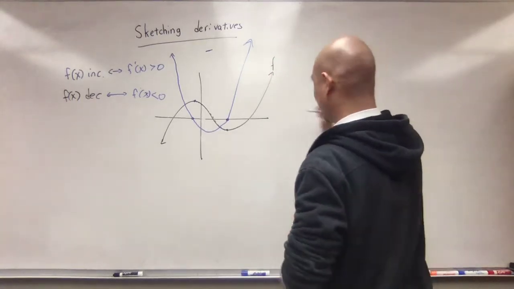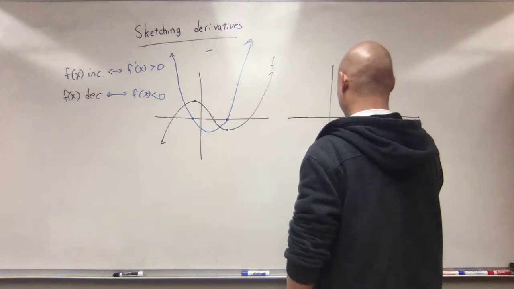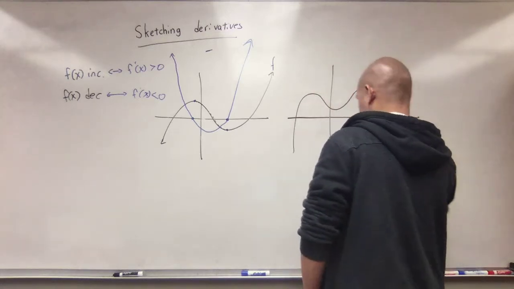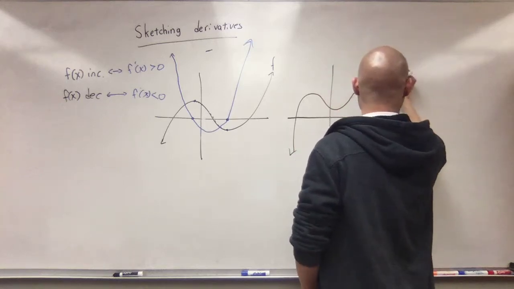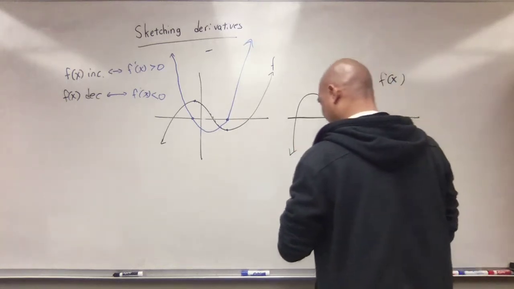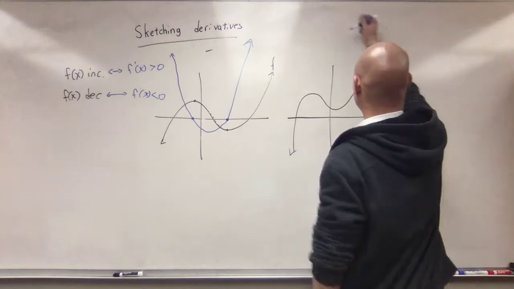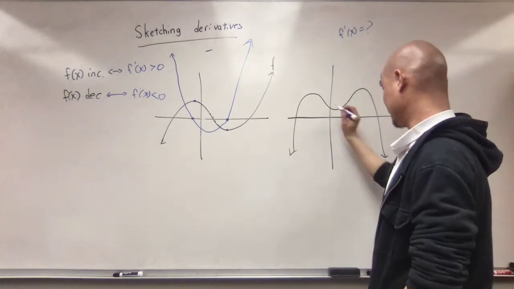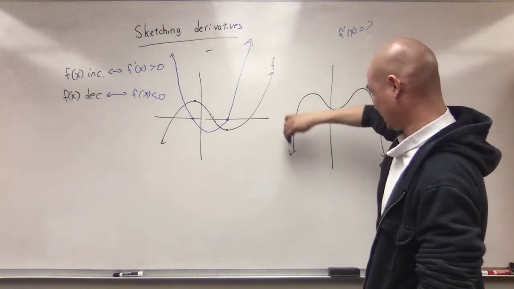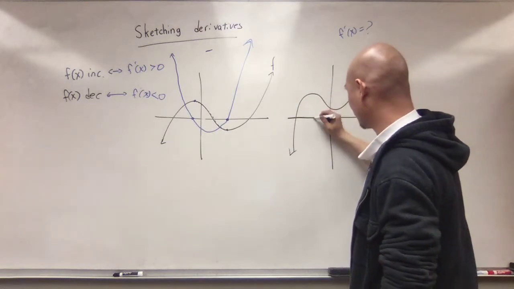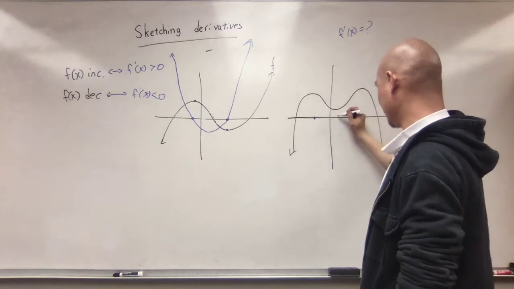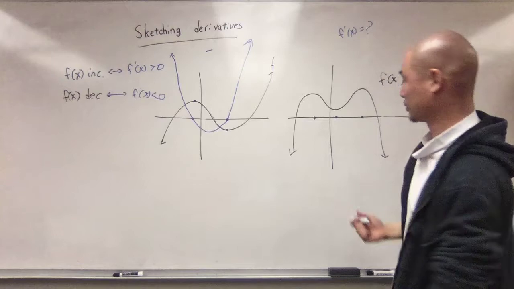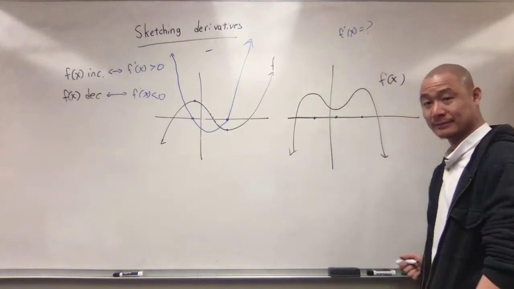Let's make a little bit of space here. And let's say my f of x is this. What should my f prime of x look like? Well, let's see. It looks like it's increasing, then it bottoms out here. Then it decreases, and it bottoms about here. Increases, tops up there, and then just starts decreasing from there, right?